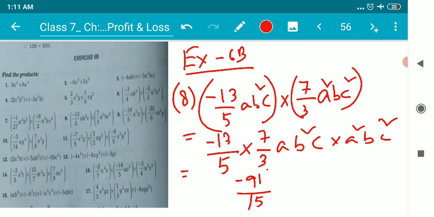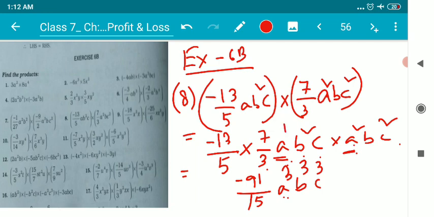Numerator and numerator will be multiplied, denominator and denominator will be multiplied, and just next to it, a into a square will be a to the power 3, then b square into b will be b to the power 3, and c into c square will be c to the power 3. Because the bases remain the same and the powers will be added.